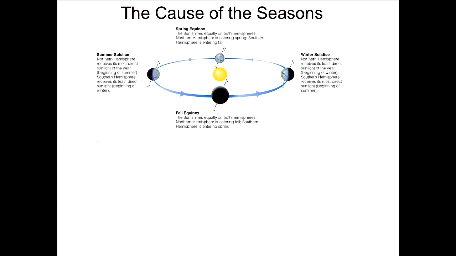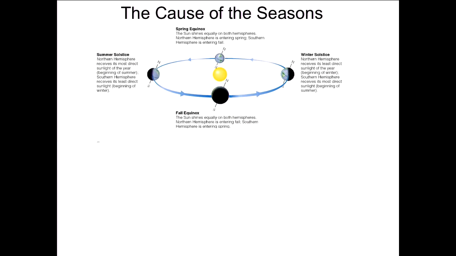And then, of course, there's the spring equinox, when again, the tilt axis is neither toward or away from the sun, it's just sideways. So the length of the day and night is equal on the first day of spring, March 21st, and the first day of fall, September 21st.